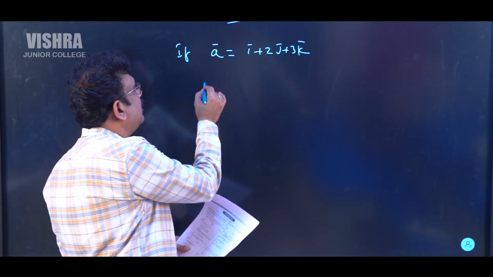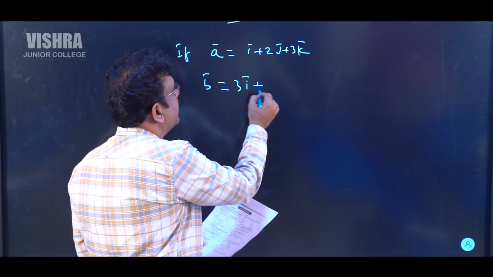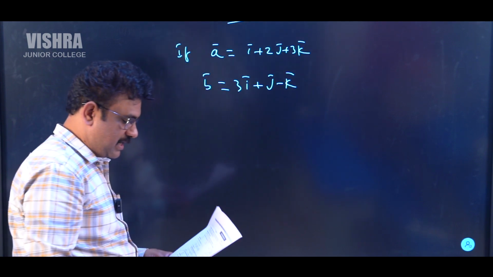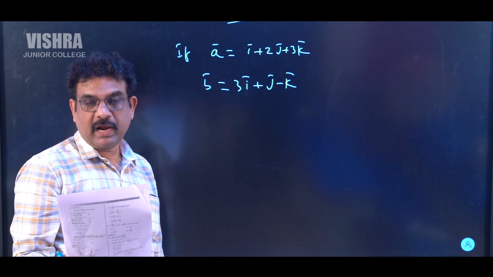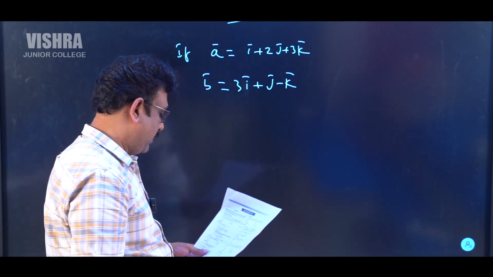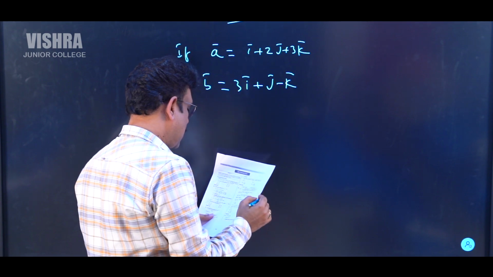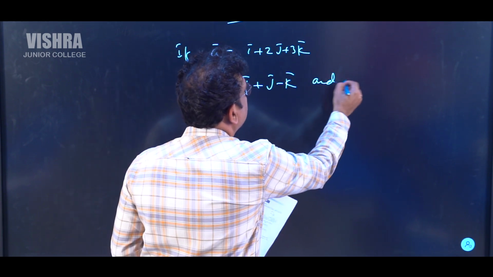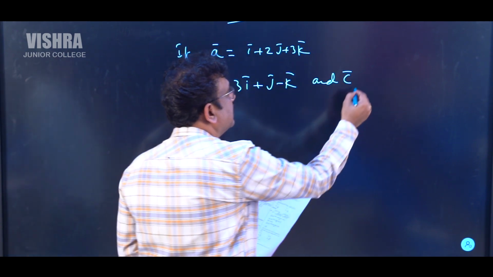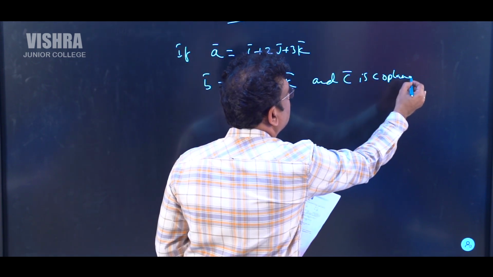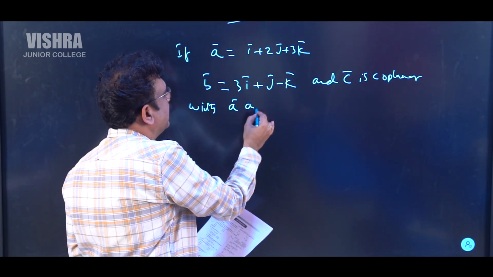Next, B bar is equal to 3I bar plus J bar minus K bar, and C bar is coplanar with A bar and B bar.